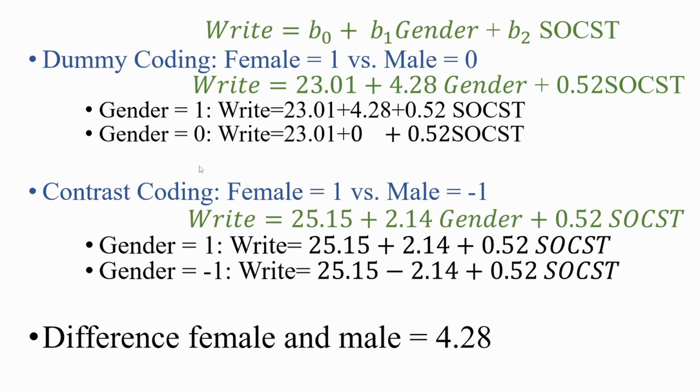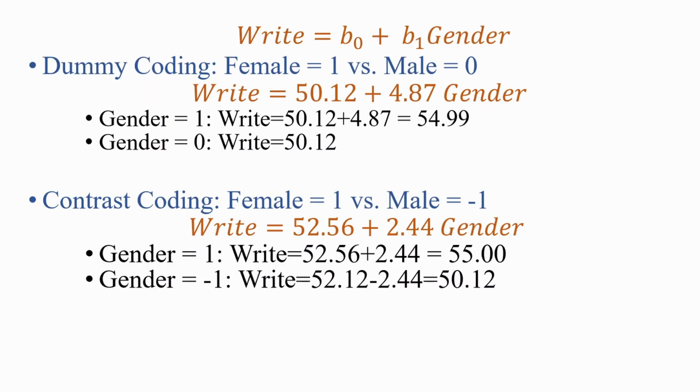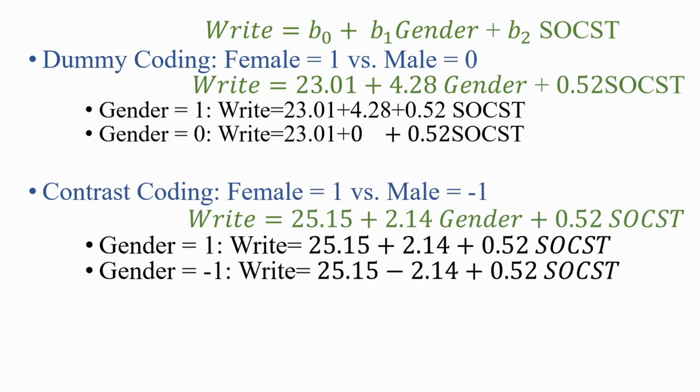This is similar to the simple linear regression that we discussed earlier. For dummy coding, the regression coefficient for the gender represents the difference between male and female, but for contrast coding, it needs times 2. And this is the same thing for multiple linear regression. Dummy coding represents the difference between male and female, but for contrast coding, it needs times 2.